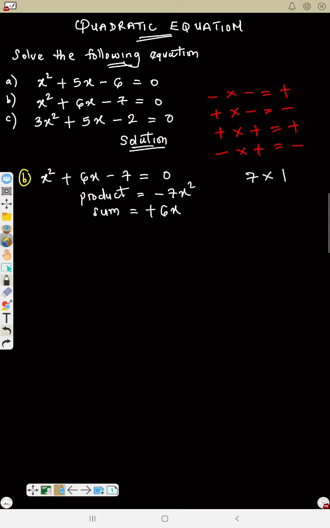Now I told you if the sum is plus and the product is minus, we put the minus in the smallest number, so that we have 7 times minus 1, which gives minus 7, and 7 minus 1 gives us 6.